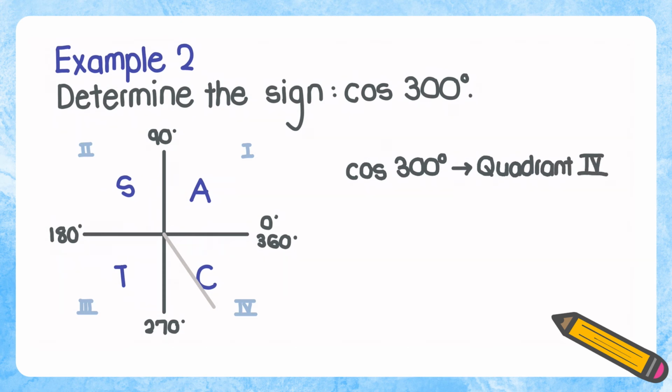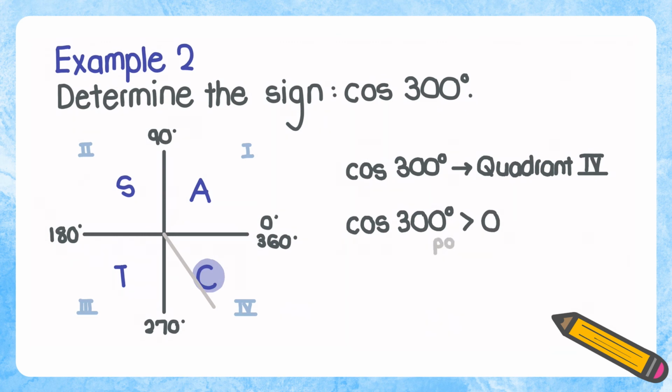So our angle here, 300 degrees, is in quadrant 4. And we know that in quadrant 4, only cosine functions will be positive. And indeed, we have a cosine function, so we know that cosine of 300 degrees is greater than 0.